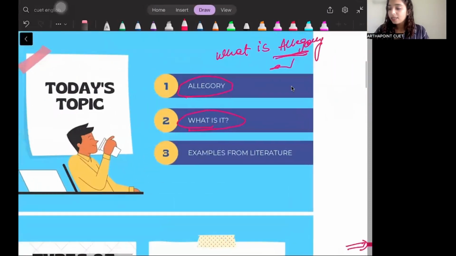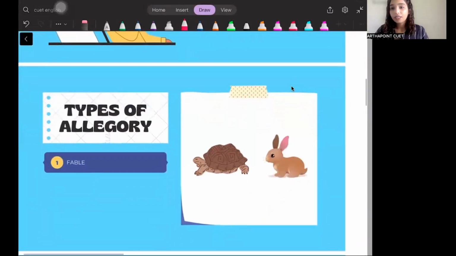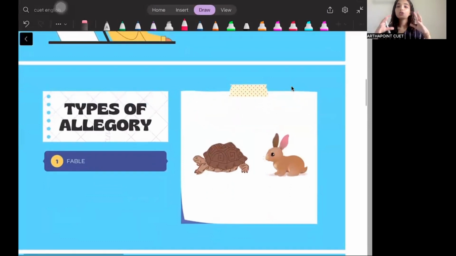Right. Now let us move on to what the types of allegories are. There are two types of allegories broadly that we will be discussing today. The very first is called a fable. Now, all of you must have heard of the story of the tortoise and the hare. Everyone is told this story in childhood, wherein both these creatures end up in a race.